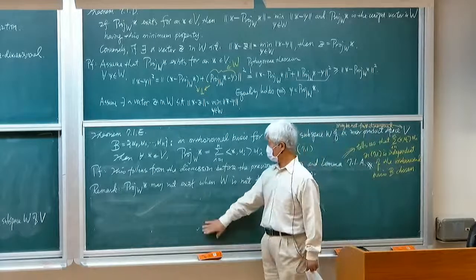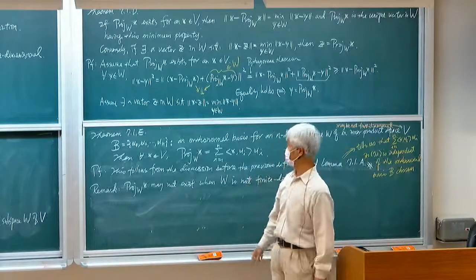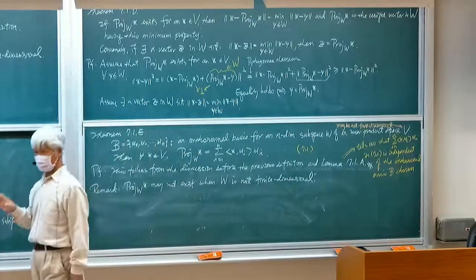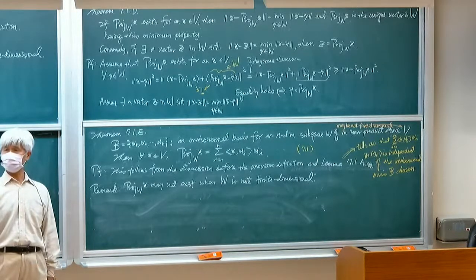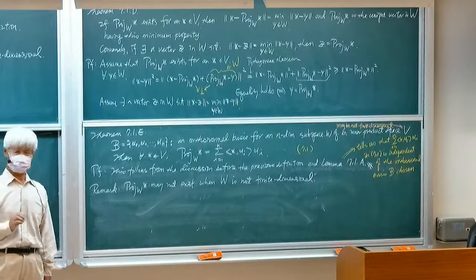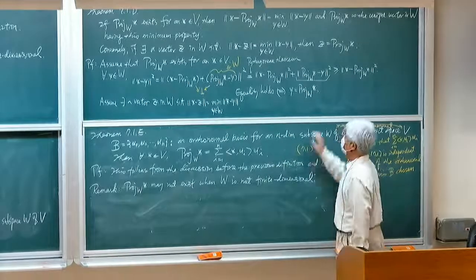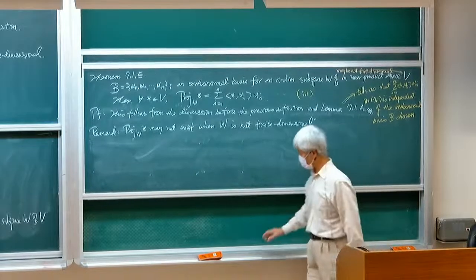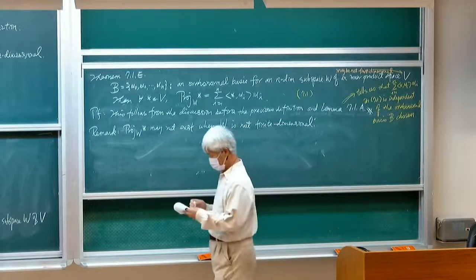In your later career, if you need to consider projection onto W which is not finite dimensional, then you have to find a good condition on this infinite dimensional subspace such that the projection exists. But for our purpose, because we usually talk about finite dimensional subspaces, we have the theorem here.